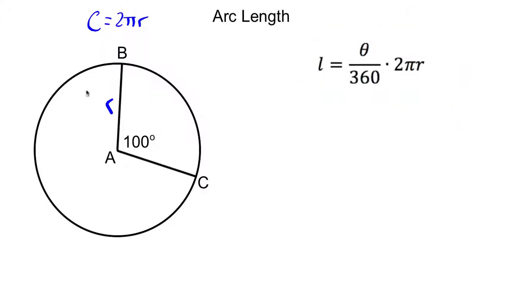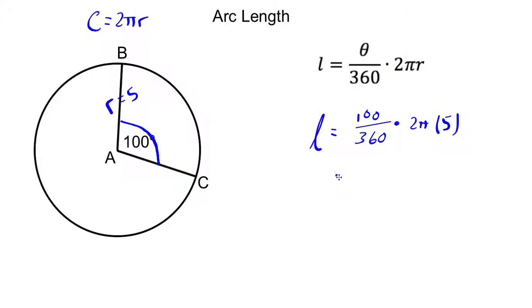So if I'm looking for a fraction of 2 pi, well, it's this fraction here. It's 100 degrees out of the whole circle. So I do 100 over 360. It's a fraction of the perimeter. See how that works? So we get 100 over 360 times 2 pi times the radius. And let's say that the radius here is, I don't know, 5.